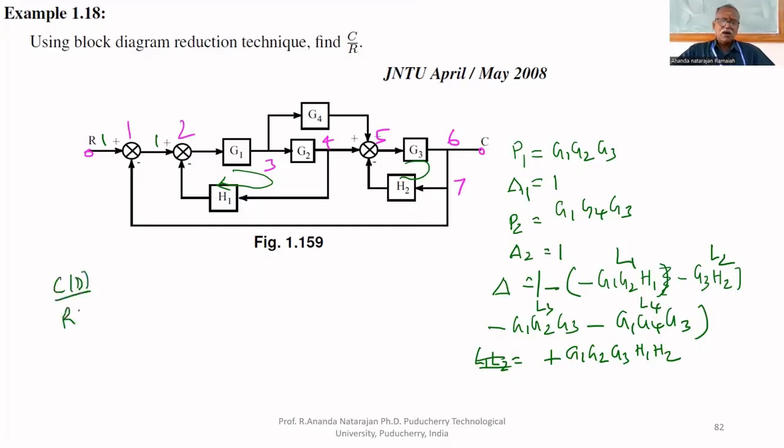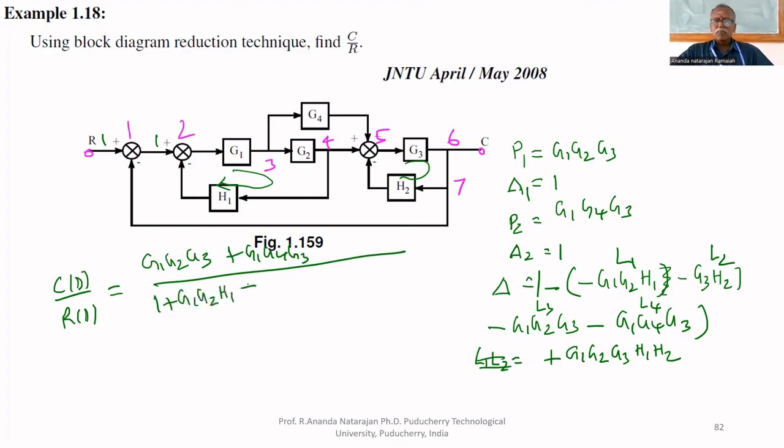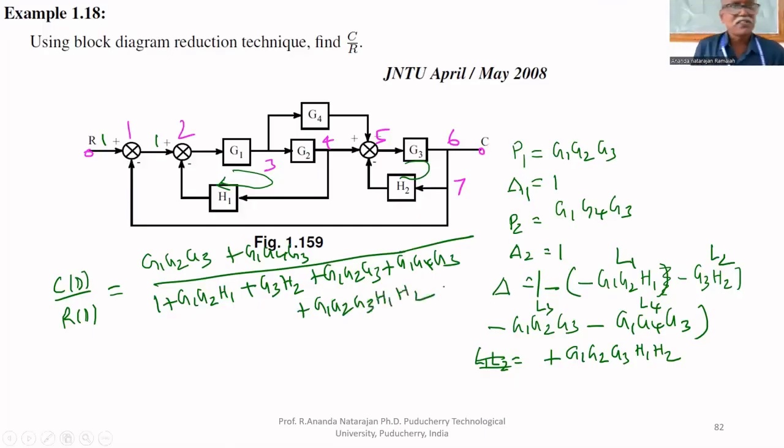C of S upon R of S equals G1, G2, G3, delta 1 is 1, that's why I am ignoring, plus G1, G4, G3, upon 1 plus G1, G2, H1 plus G3, H2 plus G1, G2, G3 plus G1, G4, G3 plus G1, G2, G3, H1, H2. That's all. We got the transfer function.